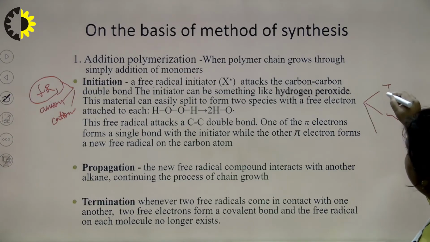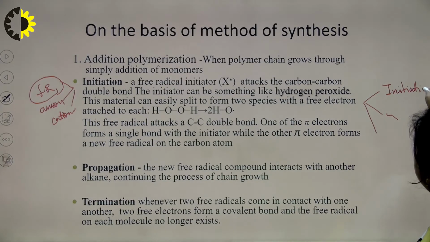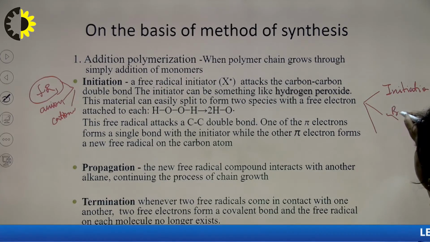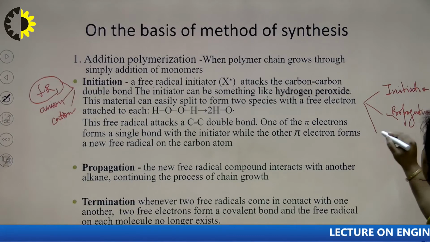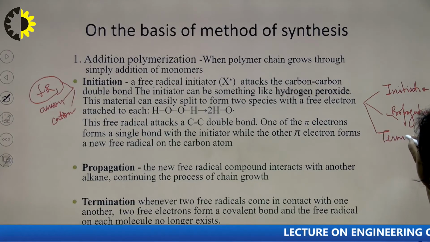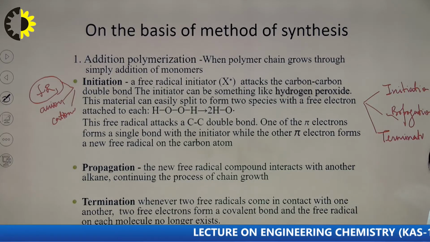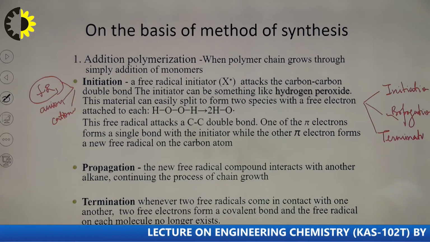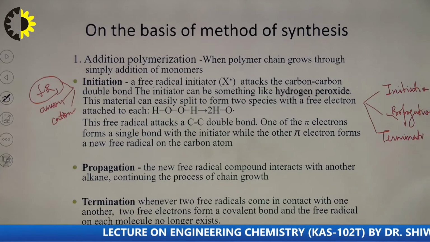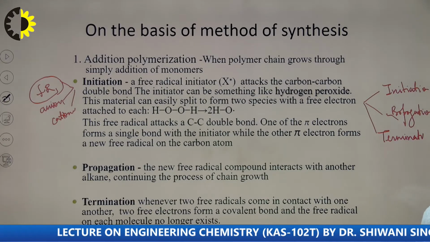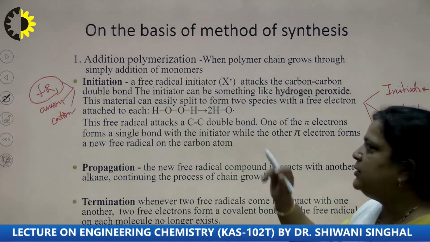First is initiation, second is propagation, and third is termination. These are the well defined steps in a chain reaction, and since the polymer is also a chain, we take all these three steps.